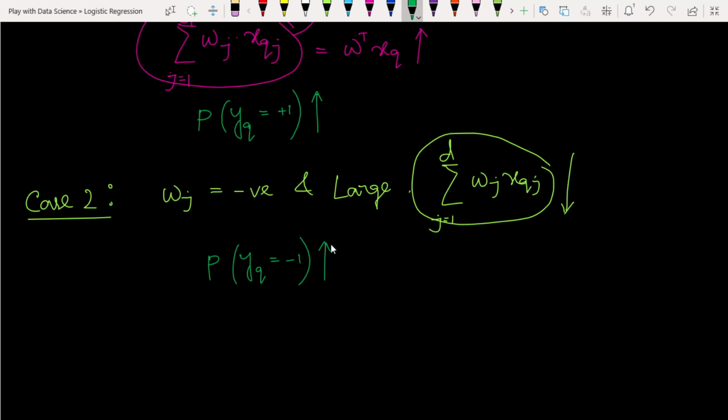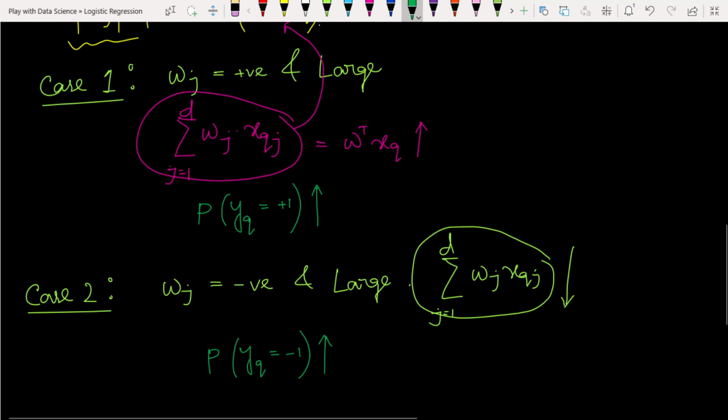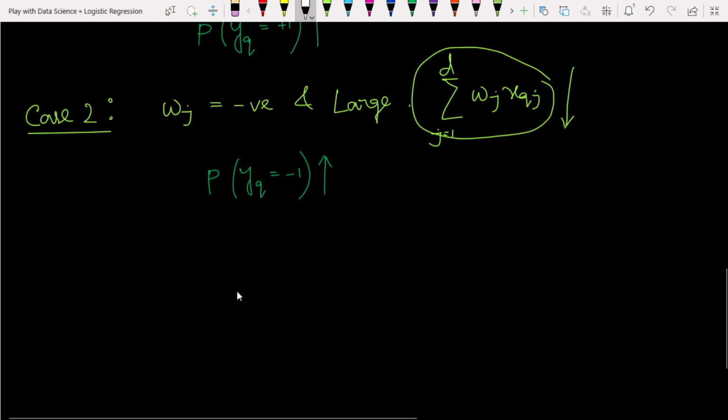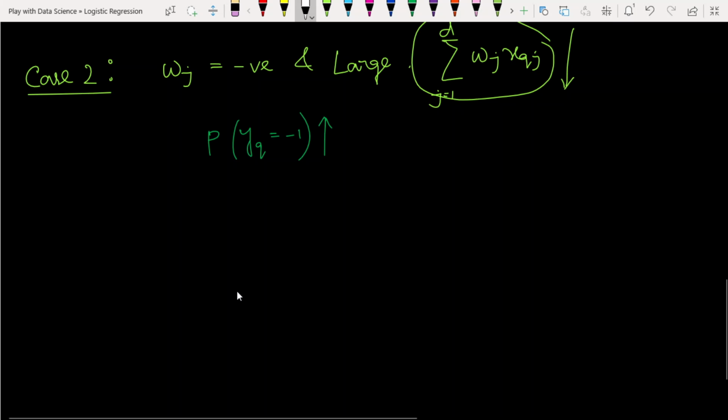So we see two cases. If our Wj is positive and large, then the chance that the query point belongs to the positive class increases. If our Wj is negative and large, then the negative class chance increases. We saw this in lecture 1.